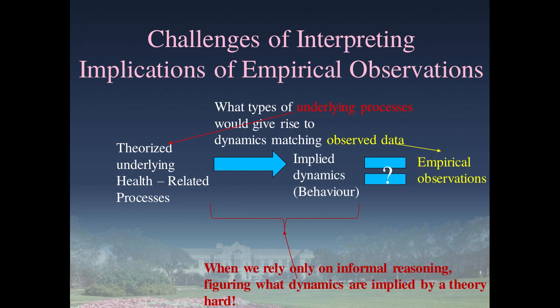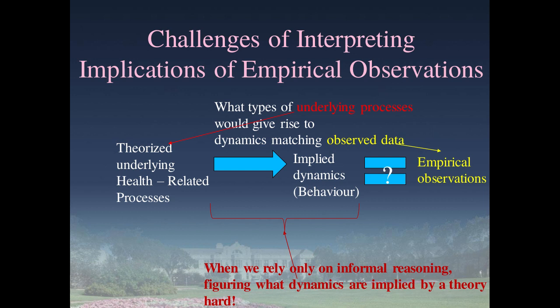But trying to go from that theory, as incompletely articulated as it often is in our head, to explain the empirical observations requires us to go through a step here, which is very challenging when we're unassisted. It's trying to elicit what dynamics are implied by our theory.